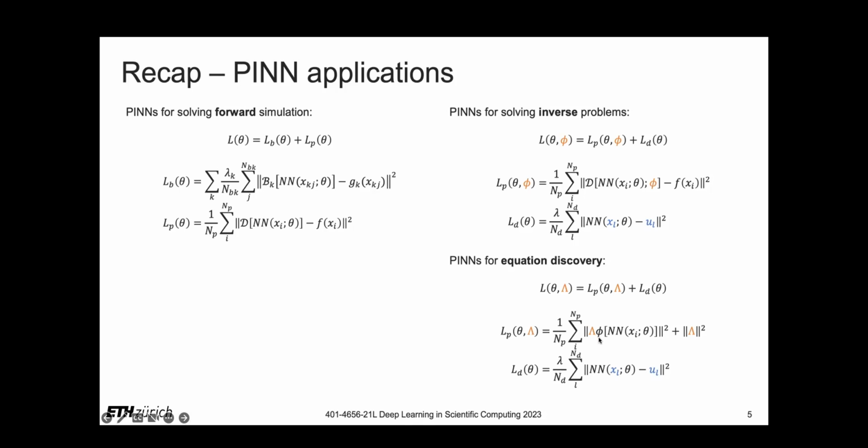So we say we have this dictionary of differentiable operators. This is just a collection of things like d by dx, d by dx squared, etc. And a sparse matrix of coefficients, big lambda here. We try and learn that matrix, which if we take the coefficients out, actually tells us what the PDE is. So yeah, PINNs are very flexible and can be used across all these different types of problems.